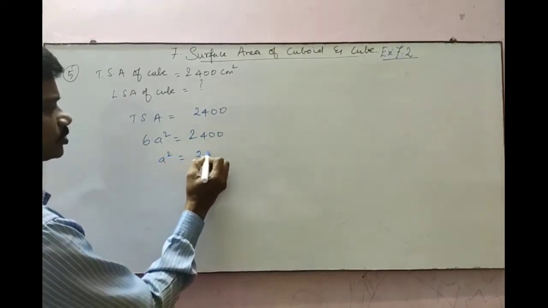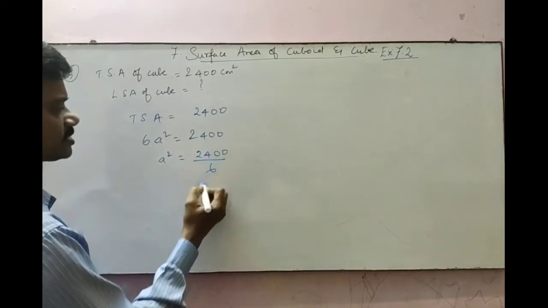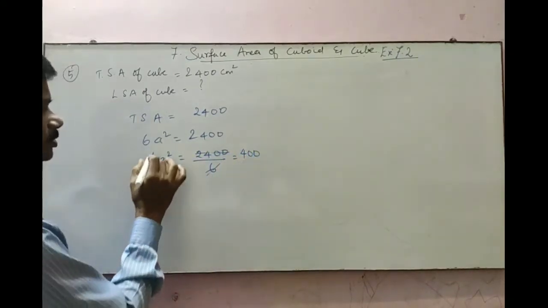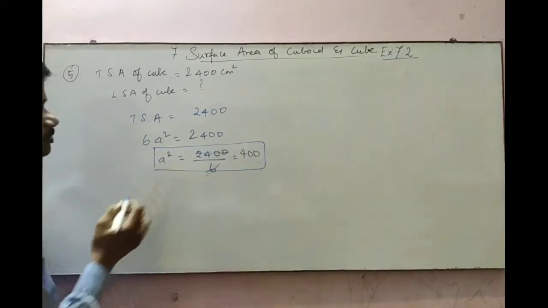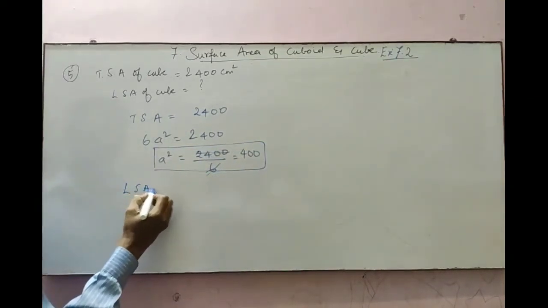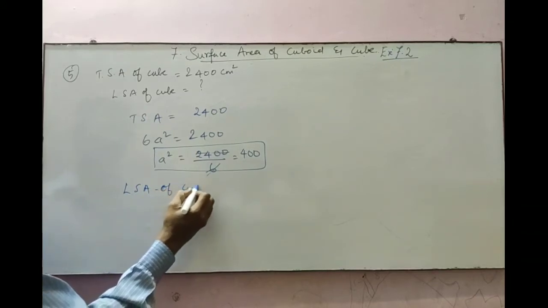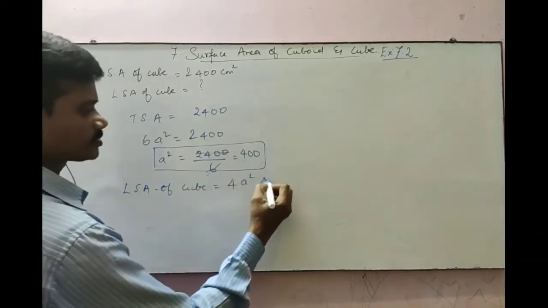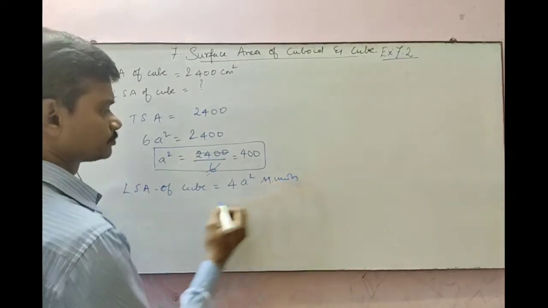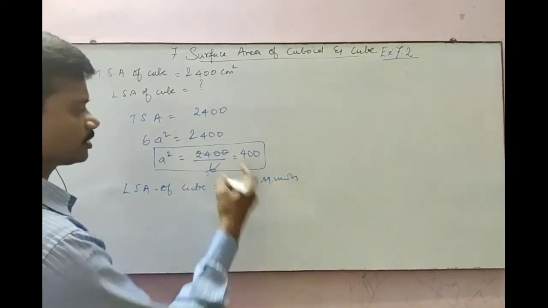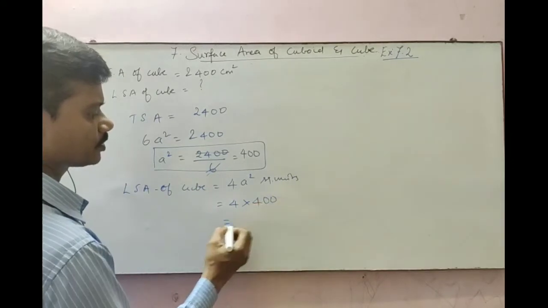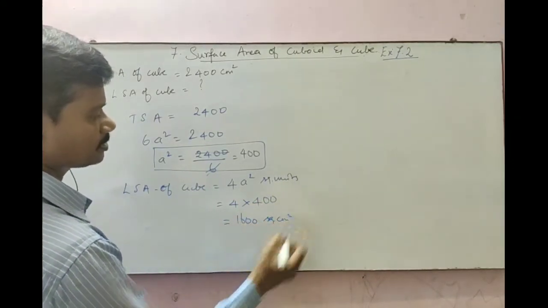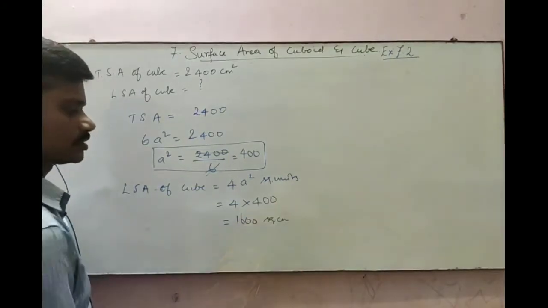So A square is equal to 2400 divided by 6, which gives 400. Keep the value of A square as it is. Now we will use the formula for LSA of cube. What is the formula to find the LSA of cube? 4A square units. So 4 into, what is A square? 400. 4 into 400 gives 1600 centimeter square.